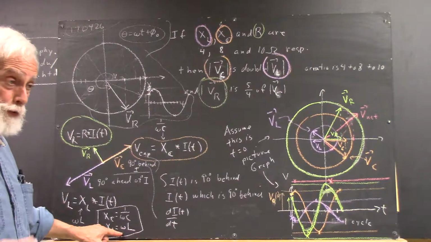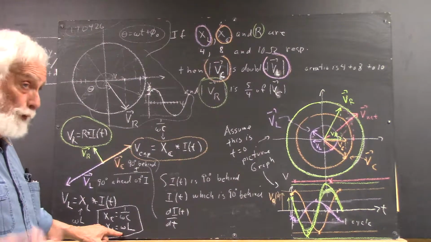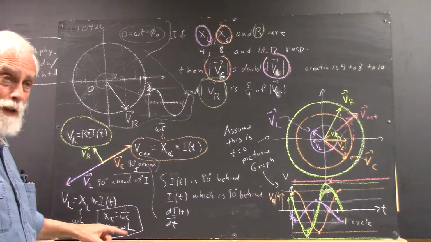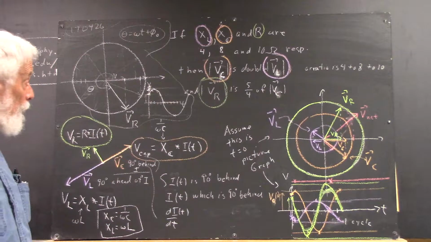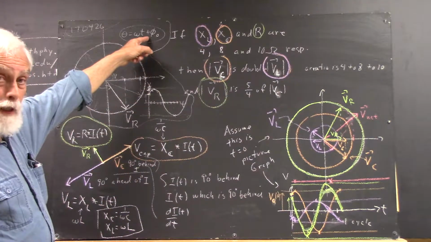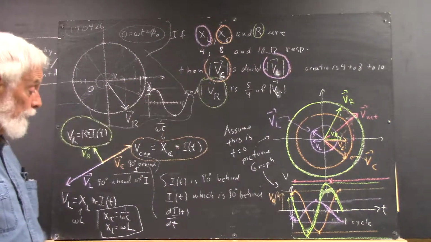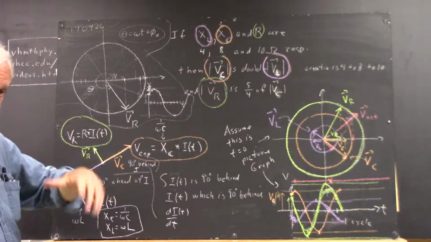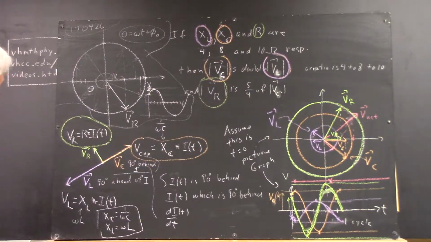When you take the derivative of sine or cosine of omega t, you're going to get an omega times the other function, maybe with a minus sign, depending on which function you use. And the phi naught, if it happens to be in there, doesn't make a bit of difference when you take the derivative or integrate. It just goes along. Okay, so that's where these expressions come from. It's not that difficult to understand.